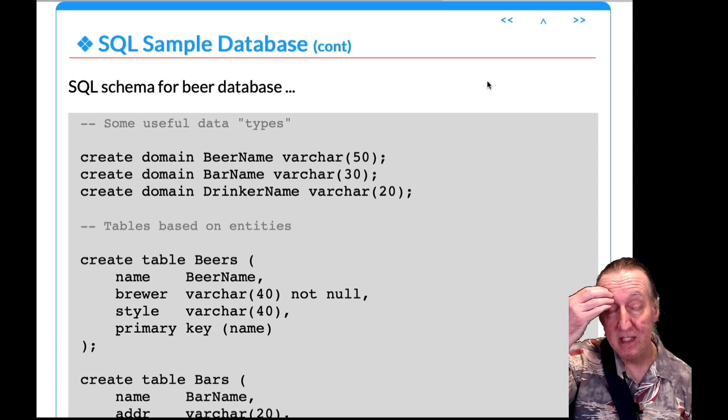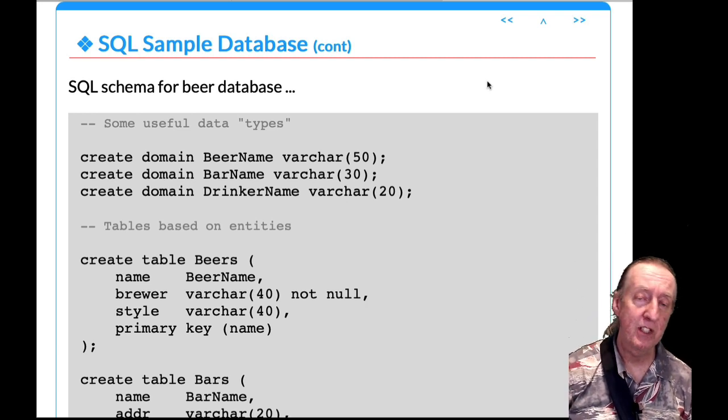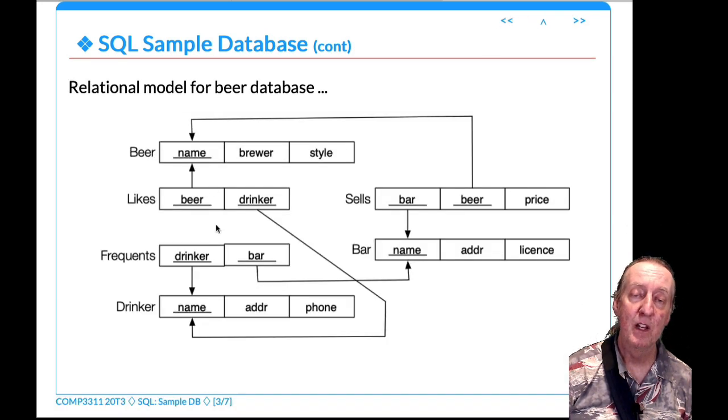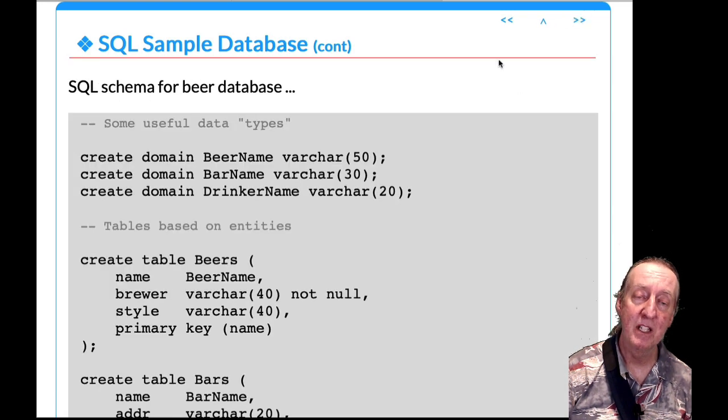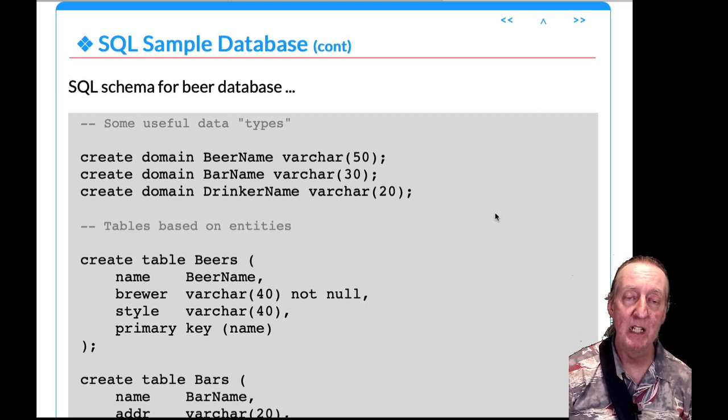Alright, turning that into an SQL schema, what we need to do is get more specific about types and be a bit specific about primary and foreign keys, although all of those primary keys are underlined, foreign keys, you can see they have an arrow coming out of them. So they're implicit in that diagram, but here we make them explicit.